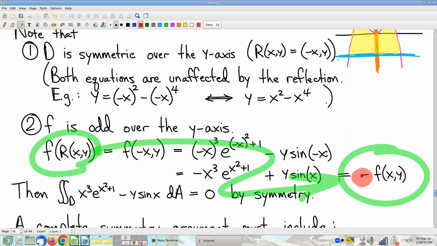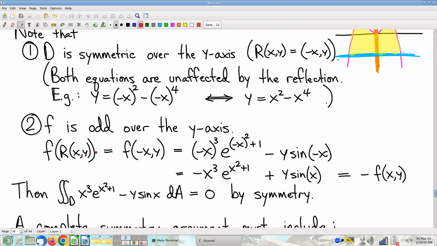But there are some things to think about in this process of doing this algebra. First of all, you do have to understand the reflection. Given an x comma y, I need an explicit formula for what that reflected point is, in this case negative x comma y, because I've got to plug that into my function to be able to confirm the oddness.